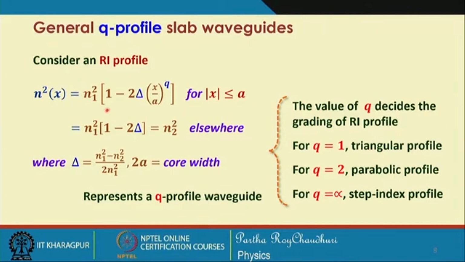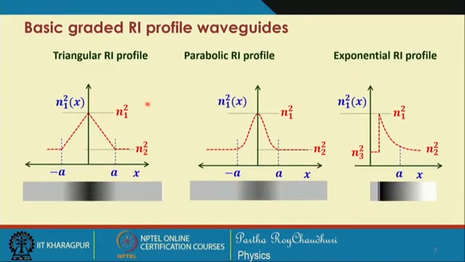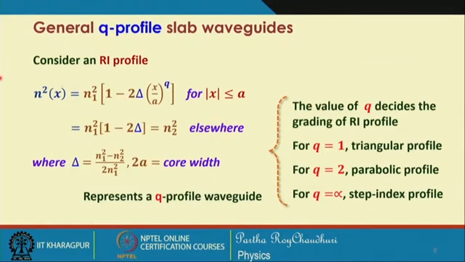So, there is a definition for general q profile waveguides, where you can represent all these various types of refractive index profiles by one single mathematical expression, where we write n square of x, the refractive index profile, as n 1 square times 1 minus twice delta times x by a to the power of q, for the core region defined by mod of x less than a, that is x between plus a and minus a.